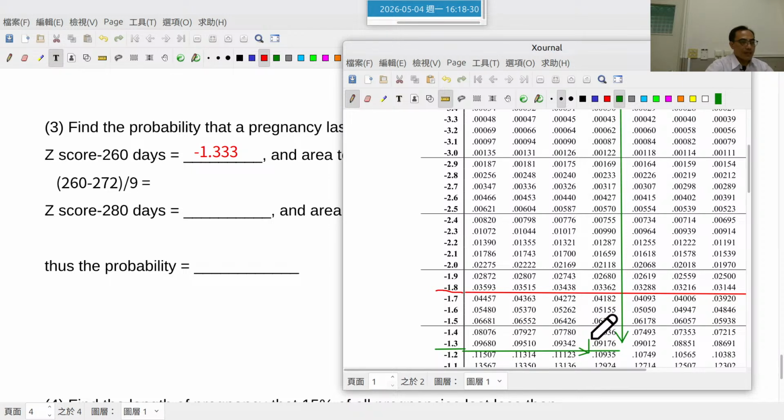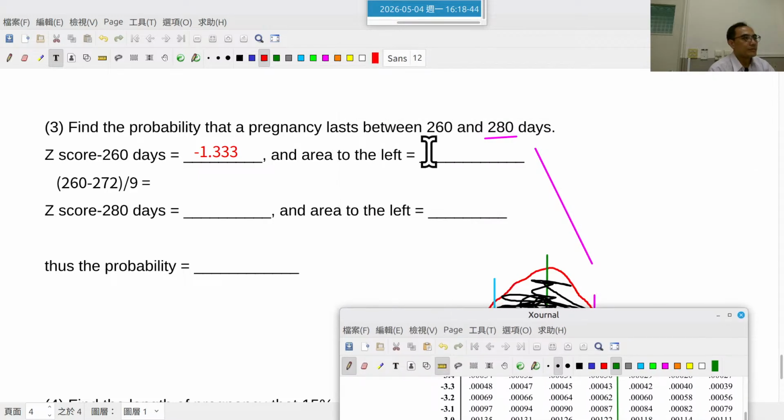And we got the answer here. The area 0.917. I ask you to write down 3 decimals. We can write it 0.092. So far, any question?